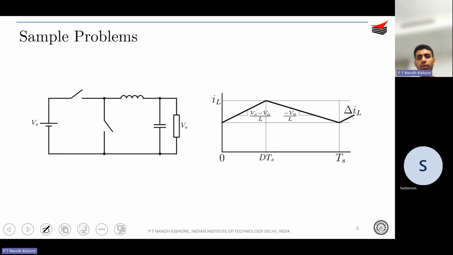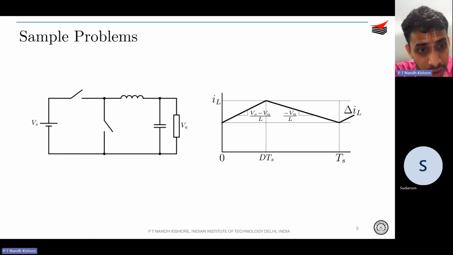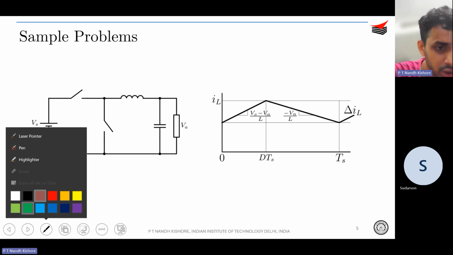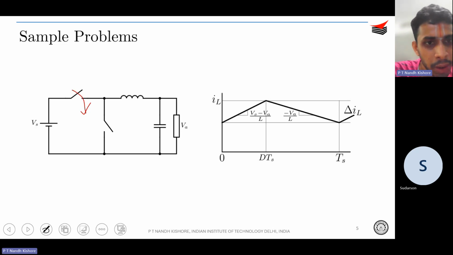In this inductor waveform, as you can understand in a buck converter, when the main switch is turned on, the inductor charges up, right? The voltage across the inductor is going to be Vs minus Va during the on period, that is during the D Ts period.